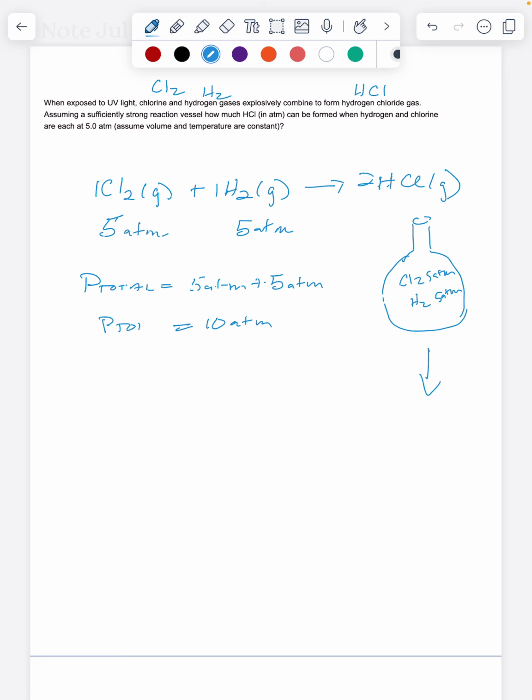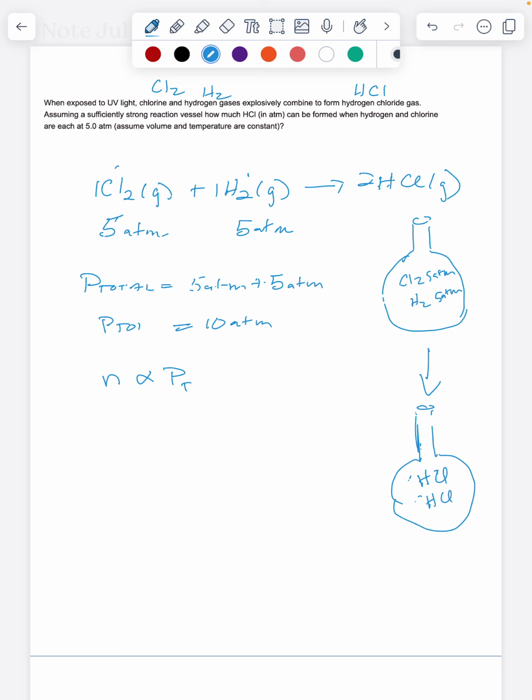After the reaction occurs, those 2 moles of gases that were each reactants create 2 moles of HCl. So what's key to recognize here is that everything else is held constant, and so the number of moles is going to be proportional to the partial pressure.